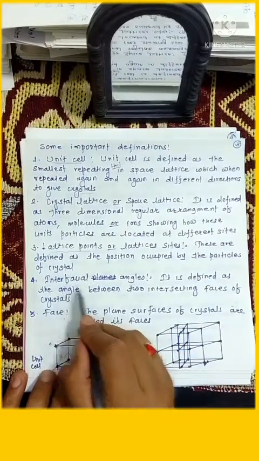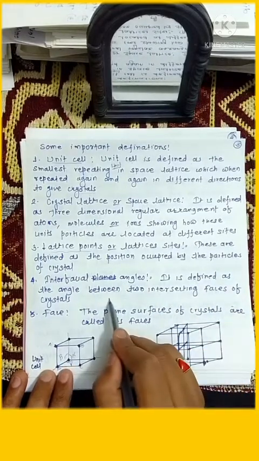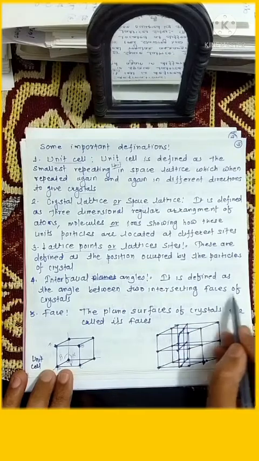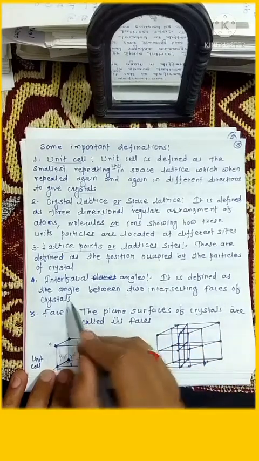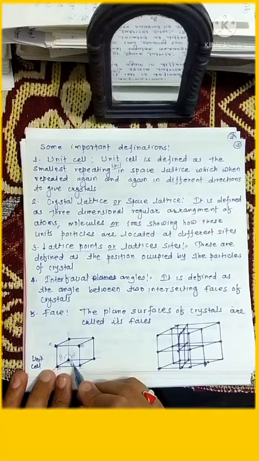Now what is meant by interfacial angle? It is defined as the angle between two intersecting faces of a crystal. So just see, here alpha, beta, gamma angles are shown.